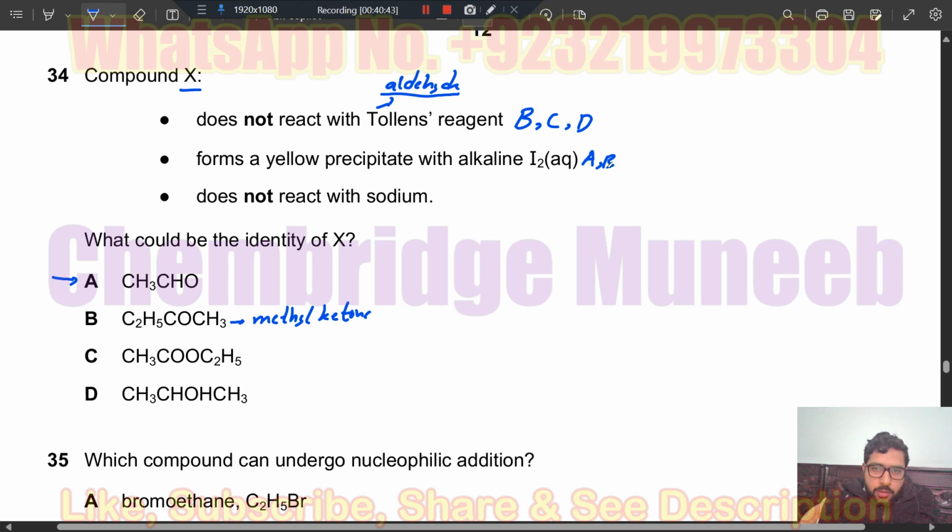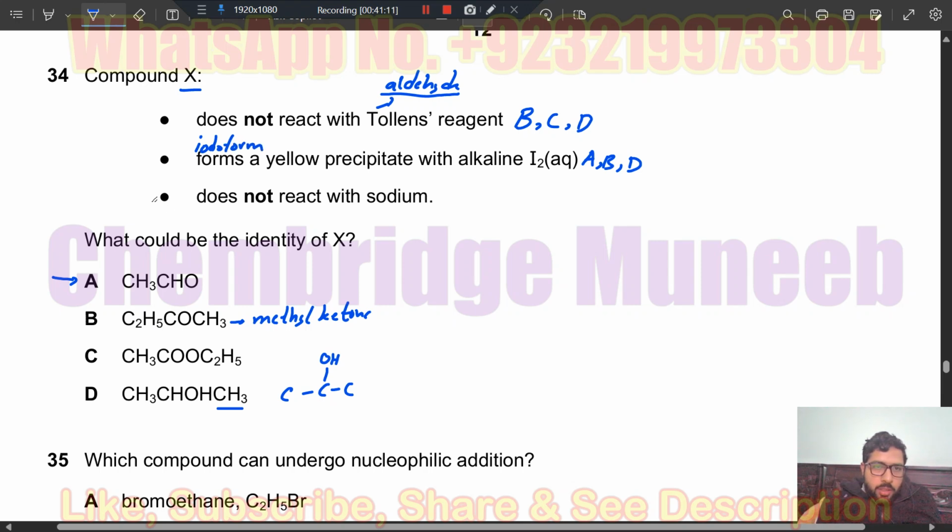And then D, it is the one which has a hydroxyl group on the carbon which is next to the CH3 carbon. So this CH3 is here. So yes, this can also give the test with the iodine. This is basically the iodoform test.